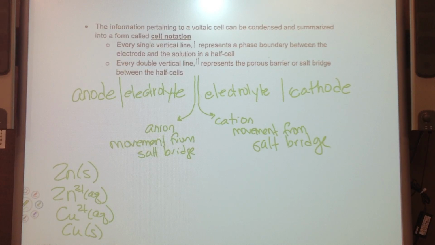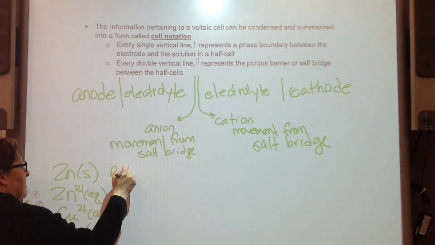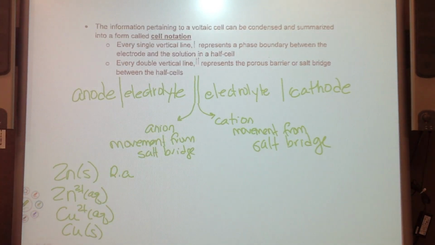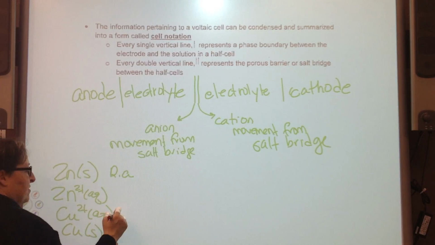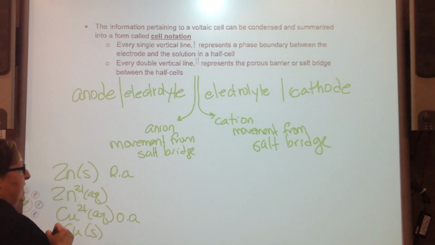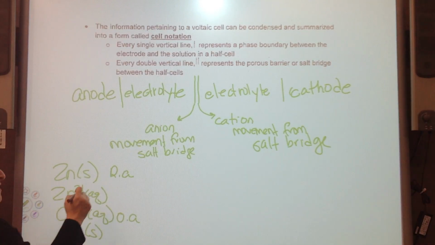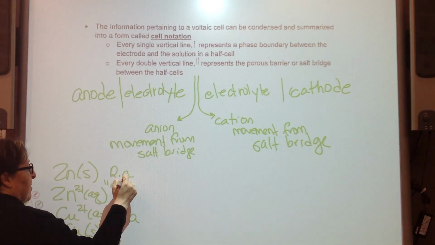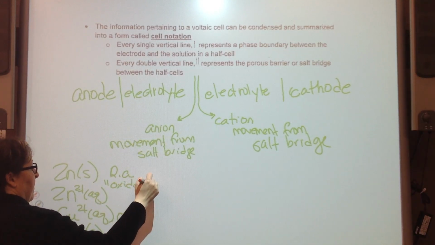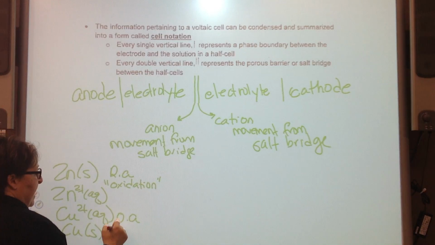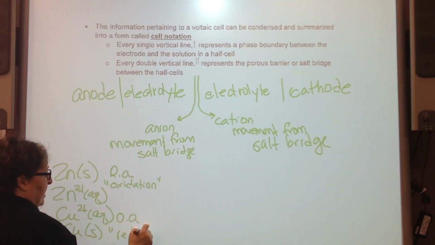Zinc as a solid was which agent? The oxidizing agent or the reducing agent? Okay, so this was our reducing agent. And copper 2 plus was our oxidizing agent. Okay, so our reducing agent means that this was oxidation. And our oxidizing agent means that this was a reduction.